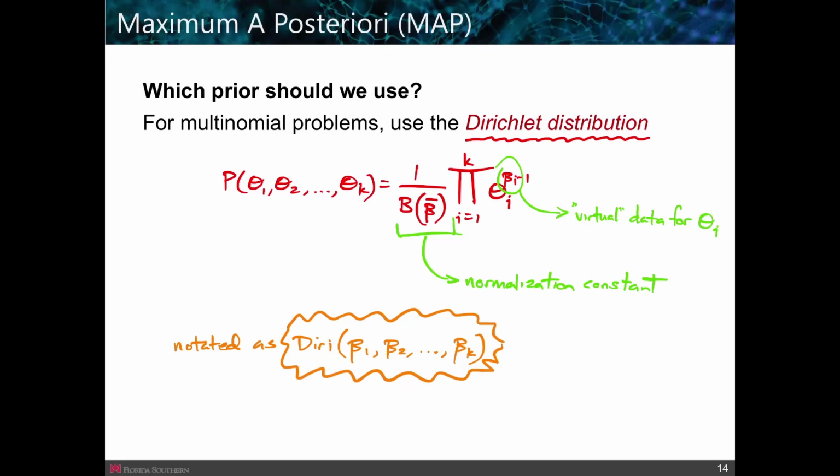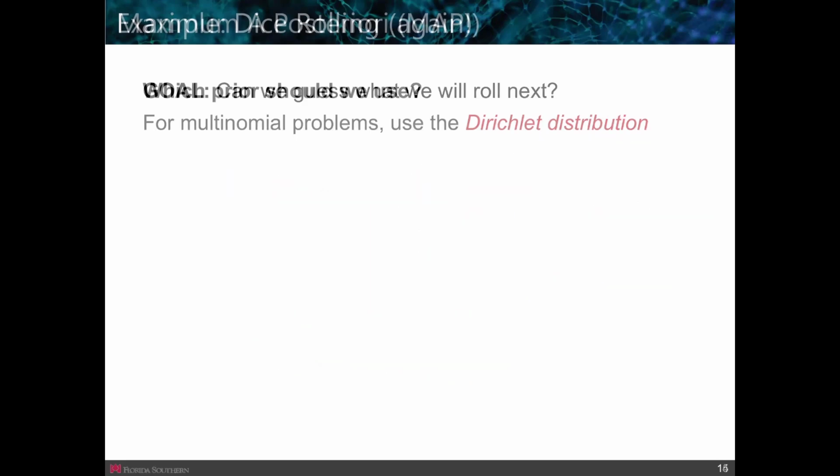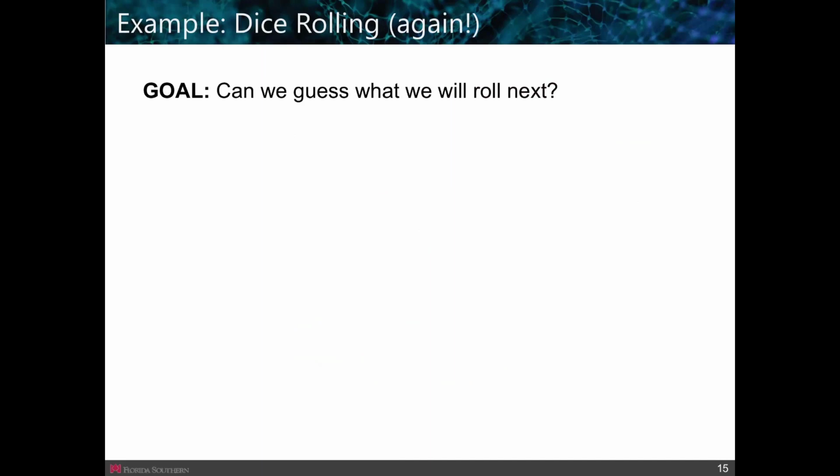All right, let's see if we can apply this to the problem we worked on before, which is rolling dice. So let's try this again. Can we guess what we roll next? But here, we're looking for the argmax, and that should be an array, over the array theta of the probability of our array of theta values given the data that we've seen, which is proportional by Bayes' rule to the probability of D given our array of theta times the prior probability of the thetas.